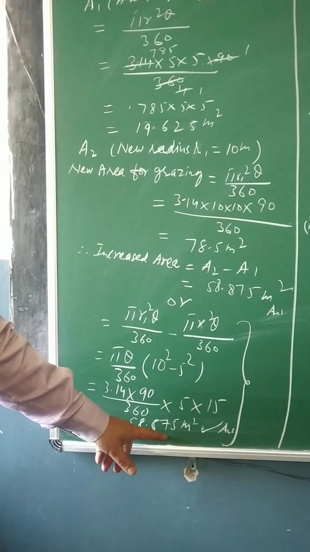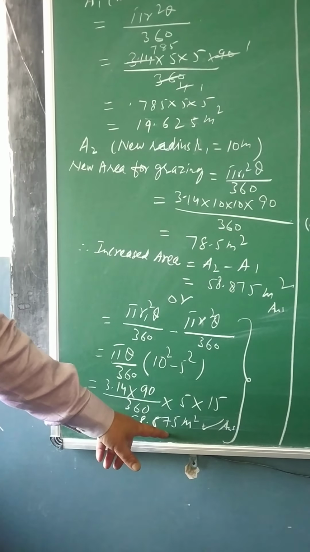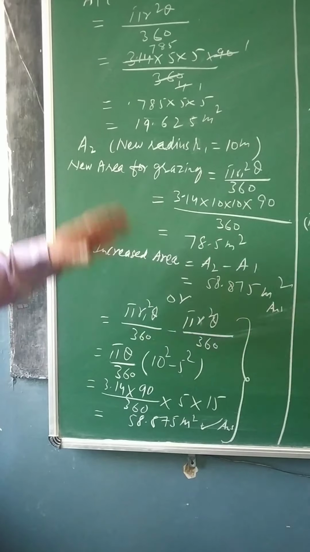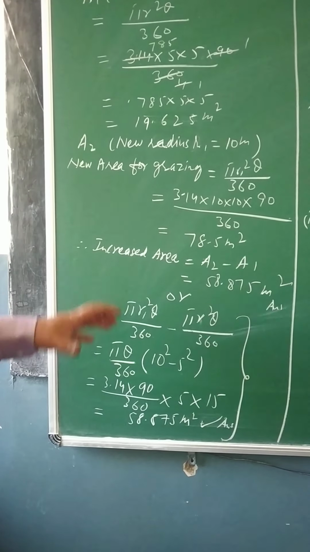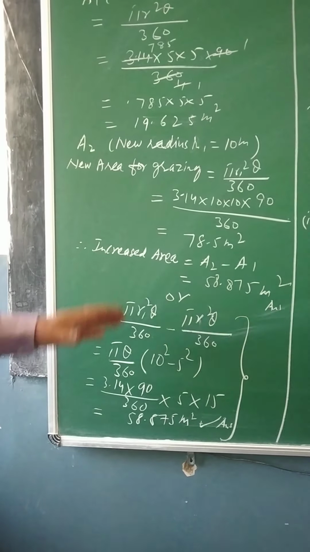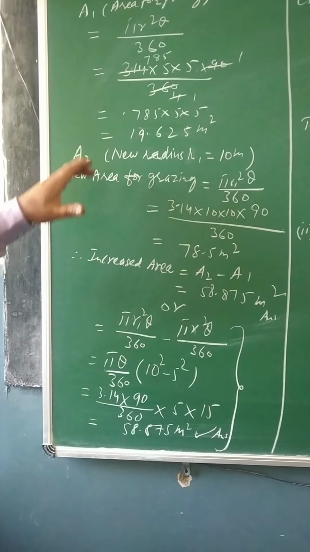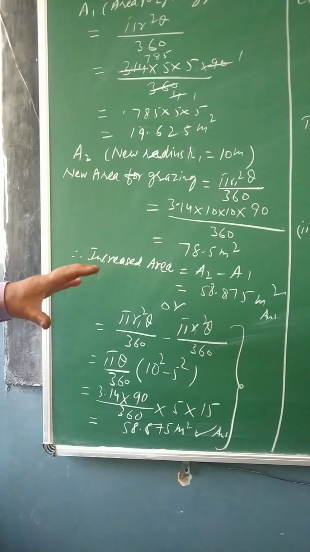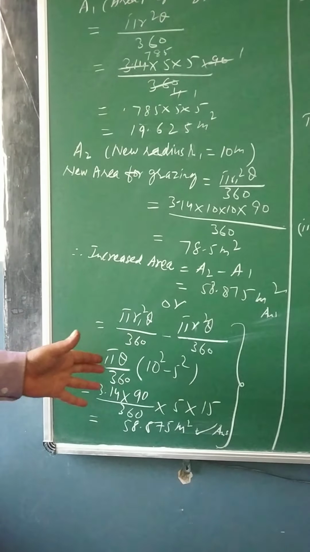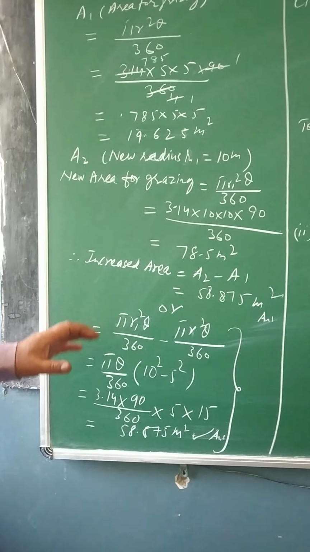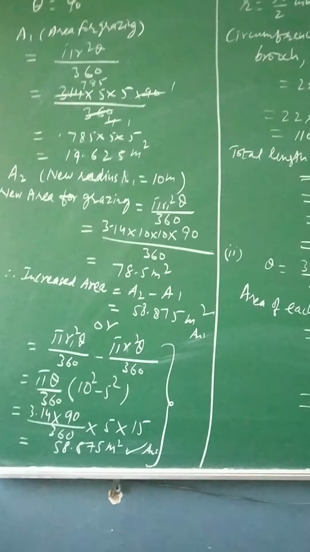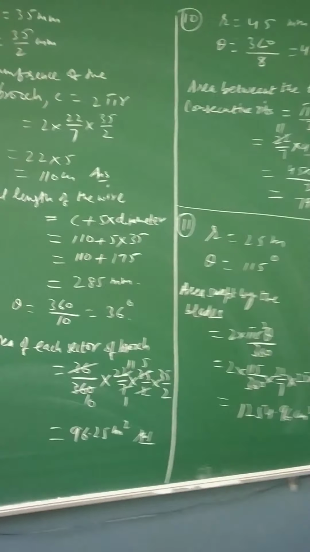Again you will find the answer is 58.875. So there are two ways, two options I have discussed with you. You can compare where you want to write your answer, or whichever way you find yourself comfortable, move in that way.